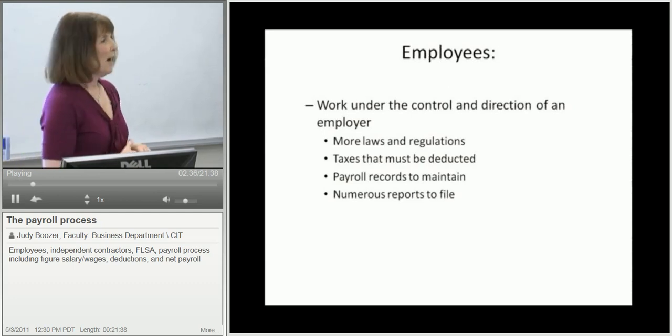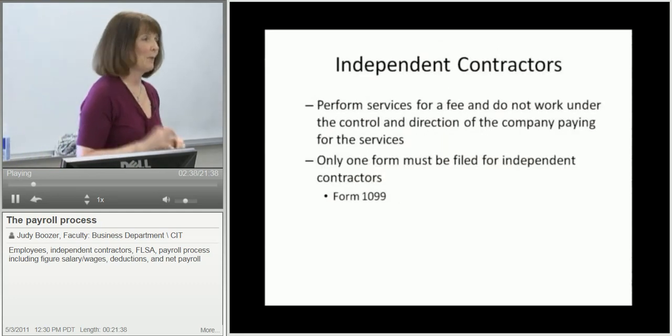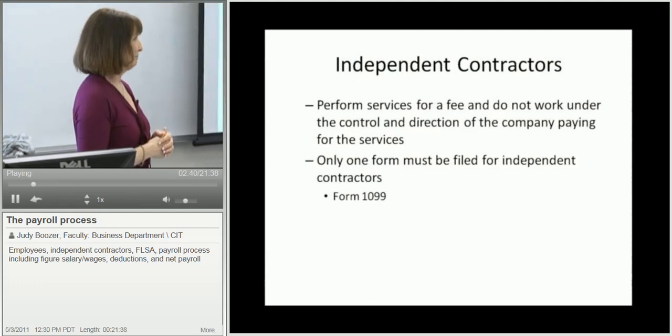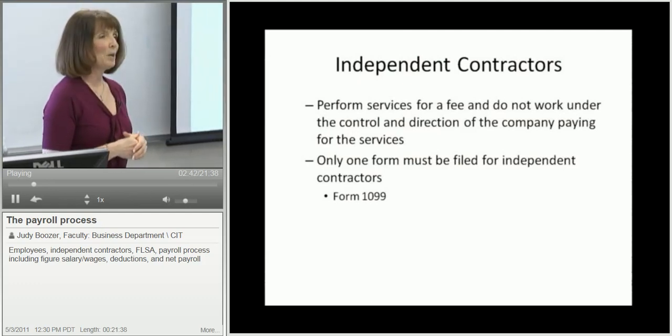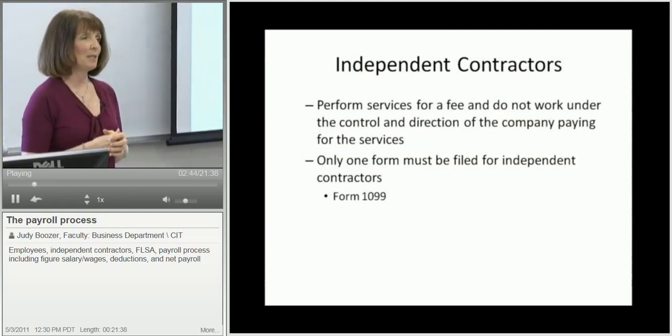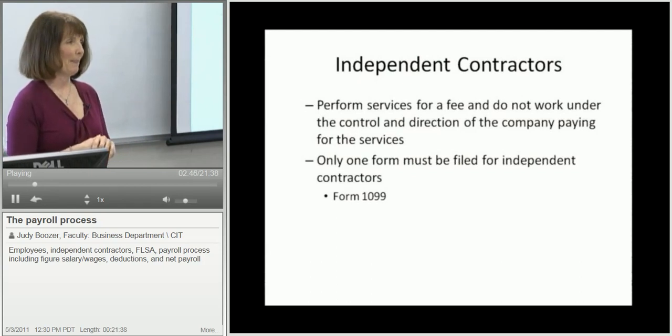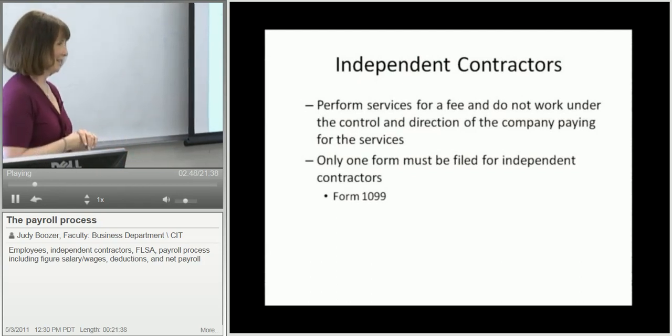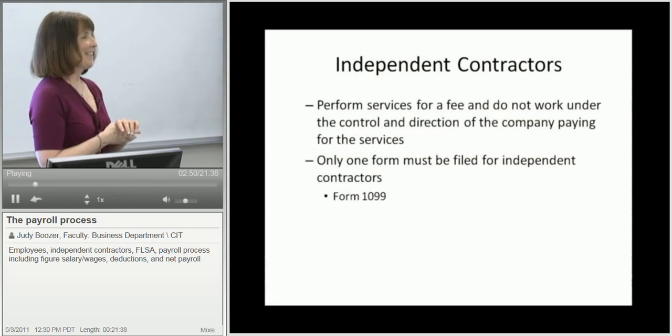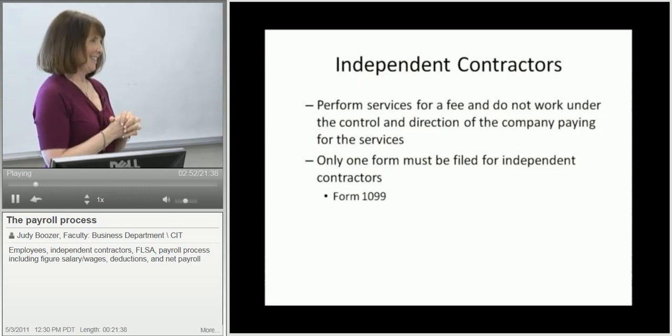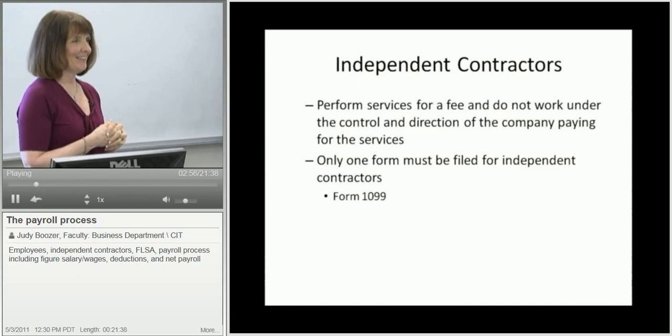Now, how do employees differ from independent contractors? Independent contractors have to pay for their own taxes, have to pay their own Social Security. Good.